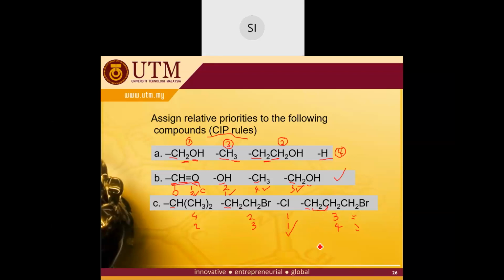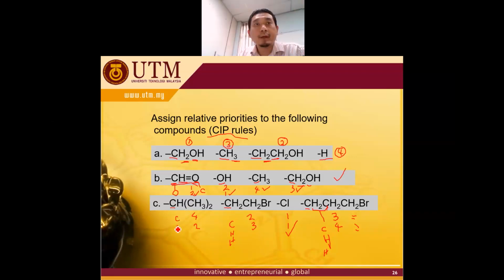This carbon is bonded to one carbon, also two hydrogen. And this one is bonded to two carbon and one hydrogen.